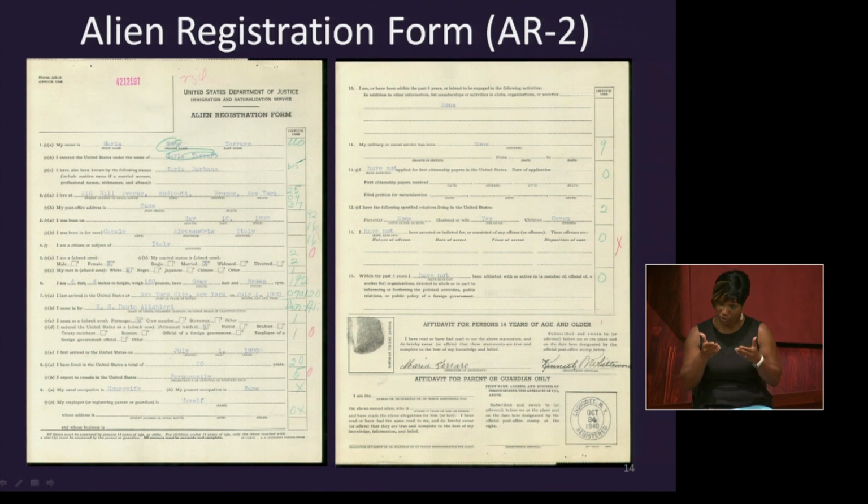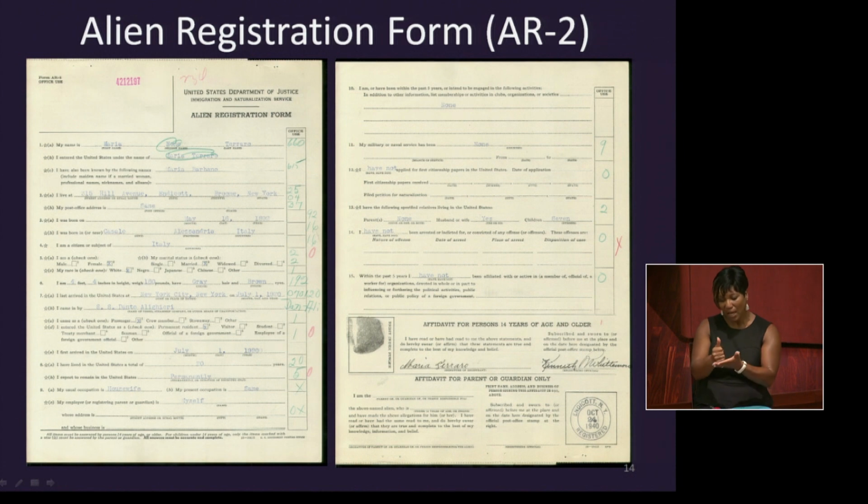Have you tried to become naturalized in the United States at any point? Now, just good, basic biographical information that can serve as a great jumping-off point for continuing your genealogy research. It's important to think of it that way, too, as a jumping-off point.